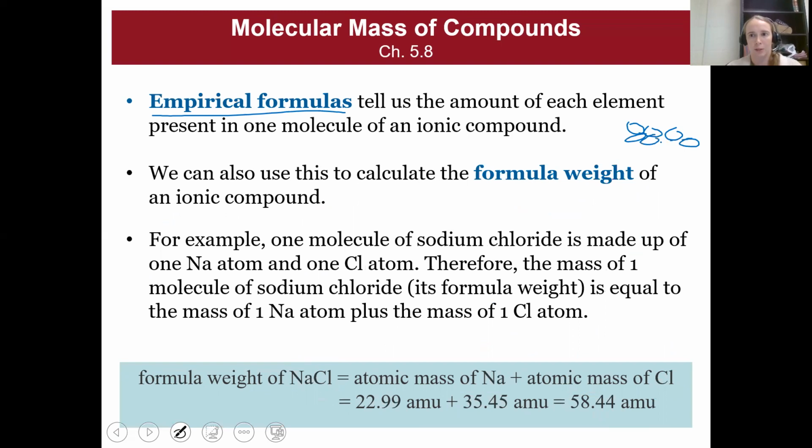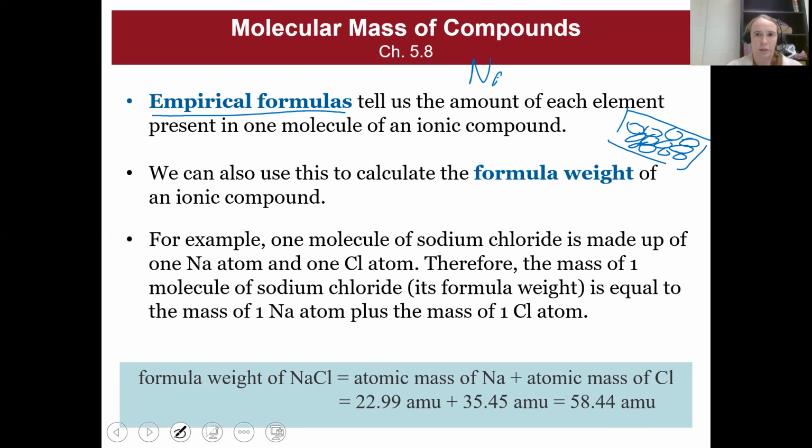So remember, our ionic compound is usually made of this big old lattice full of ions. So we don't use the molecular formula because it would probably have tons and tons of atoms in it. But the empirical formula is the simplest whole number ratio, like NaCl.